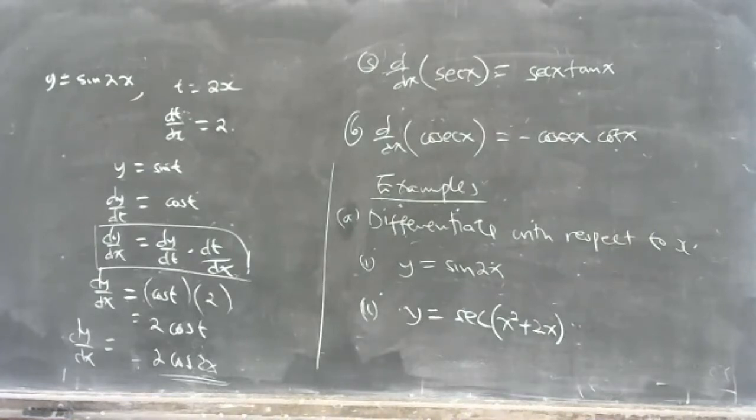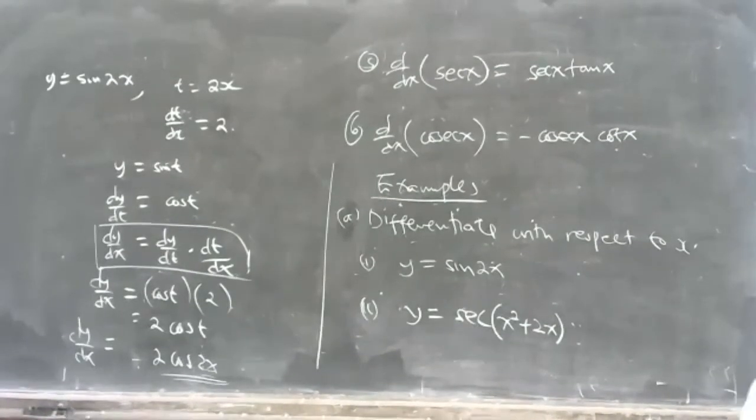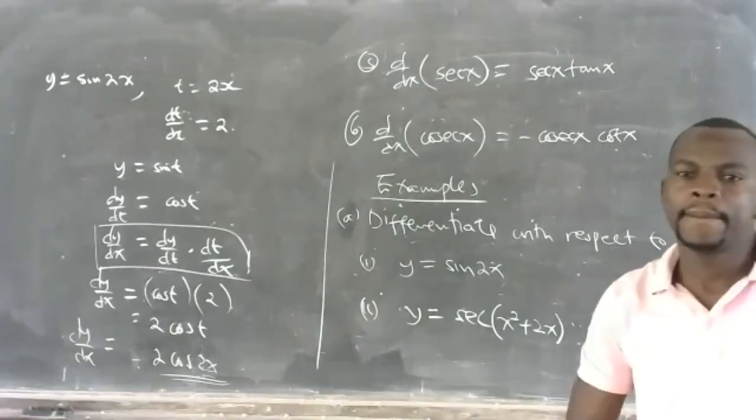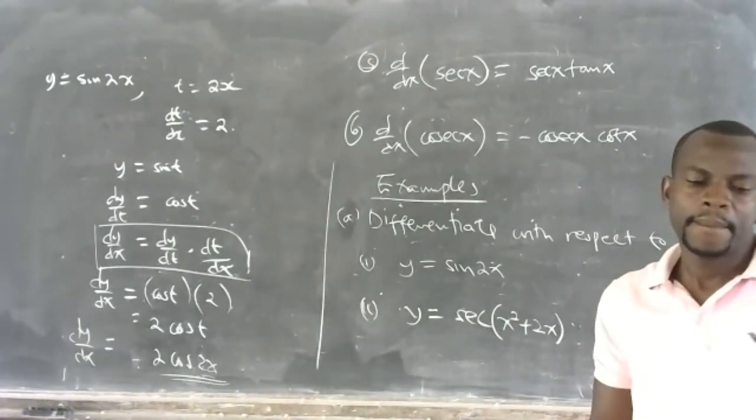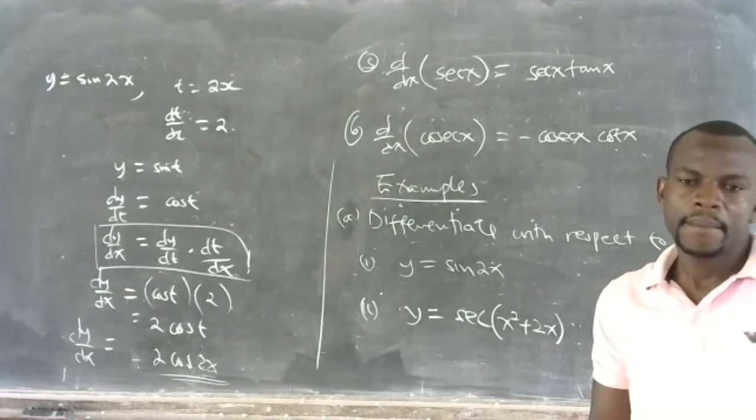Teacher, I'm stuck somewhere. Where? On the number we're working out: my first step was t equals x squared plus 2x. I differentiate it to get dt/dx, so I got 2x plus 2.